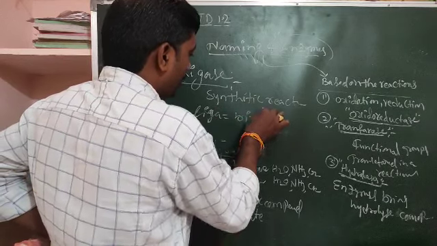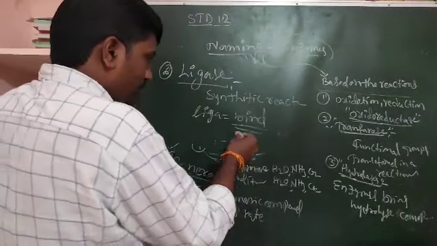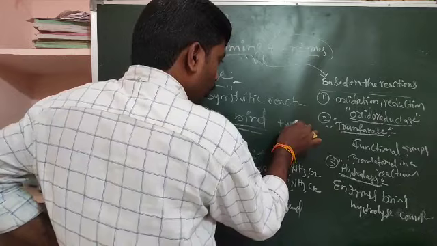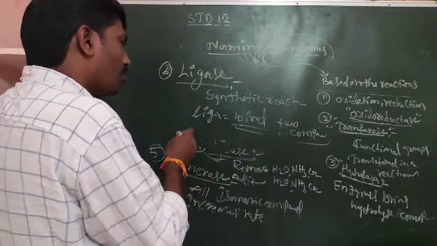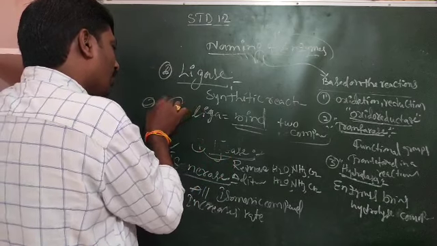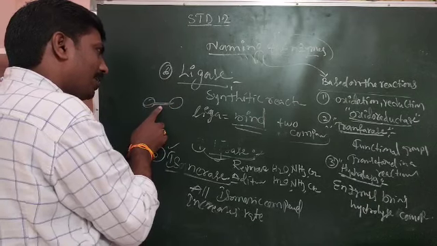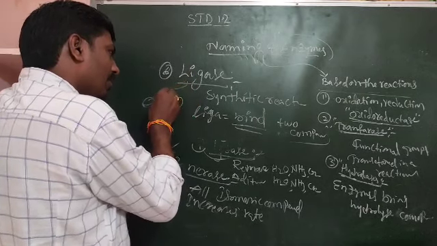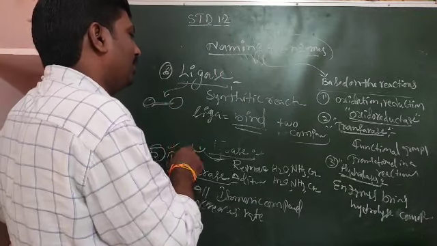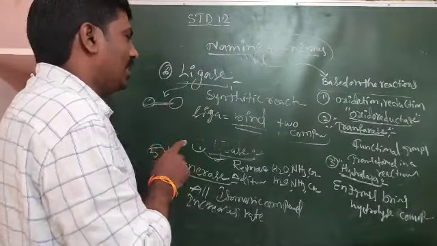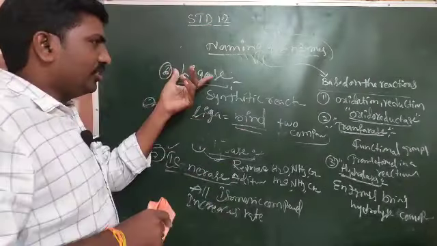So to bind two compounds, how do we bind them? We want to add one compound to another compound, and both are bound with the help of this enzyme. So in synthetic reactions we use this enzyme to bind two compounds. Liga means bind, so ligase is the enzyme name.